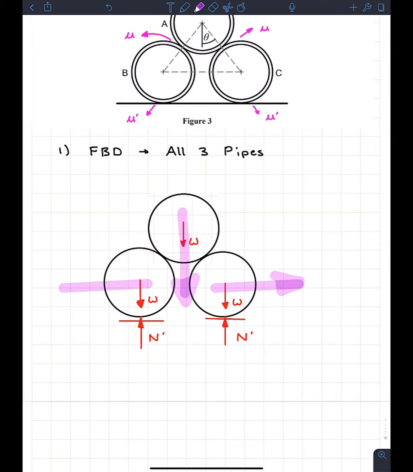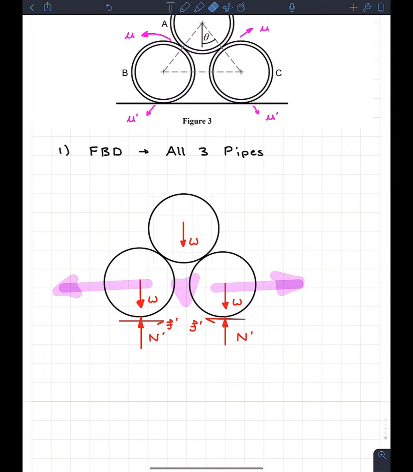If that's the direction of motion, we know that our frictional force is going to want to resist it. So our frictional force, in this case, is going to be coming inwards. And this is F prime. So this is the frictional force trying to stop those pipes from separating and falling apart.